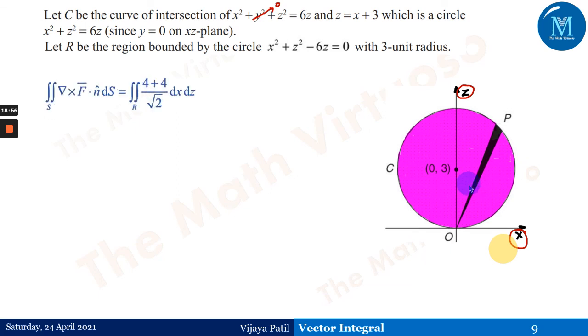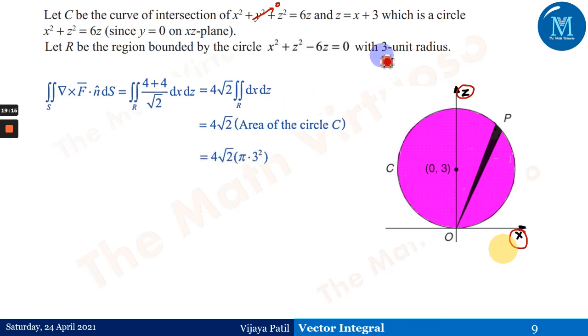Okay, therefore we go ahead with the curl dot, the double integral of del cross F bar dot n cap ds, which is 4 square root of 2 double integral dx dz, which is the same as the area of the circle C. What is it? It's pi r square. R is 3 unit, it has been given.